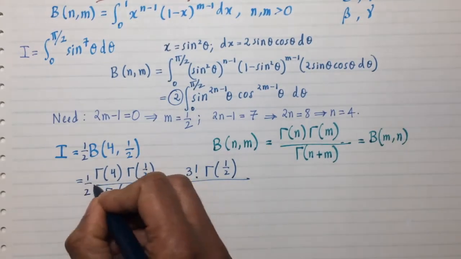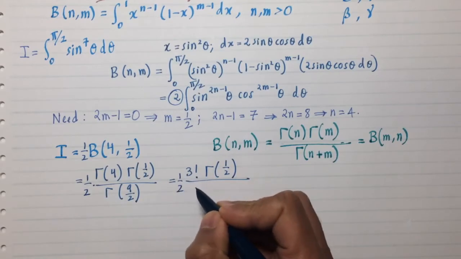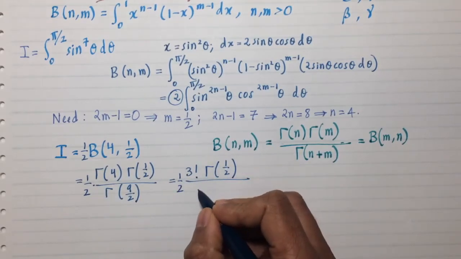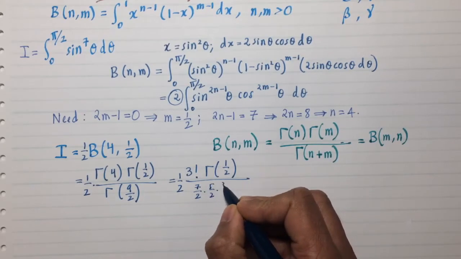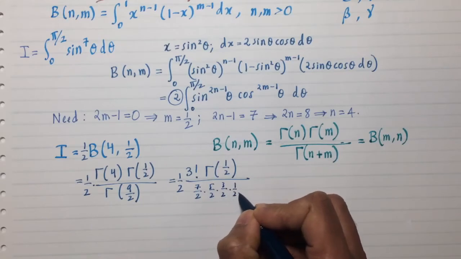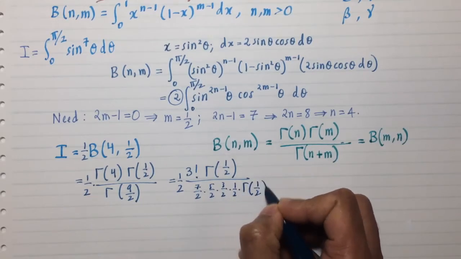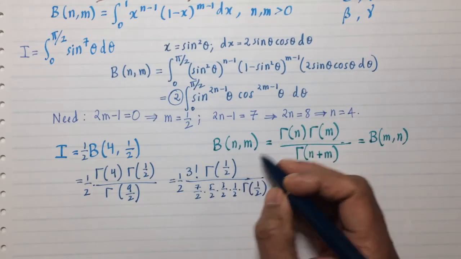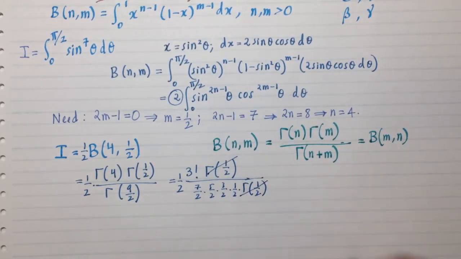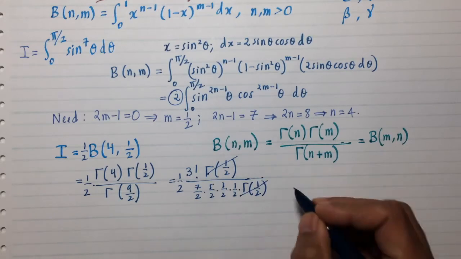So it's 1/2, and then gamma of 9 halves, which in the previous problem I calculated, so I'll just not bother with that. 5 halves, 3 halves, 1/2 times gamma of half. So even if you did not know what gamma of half is, from the previous video you know it's root pi, but even if you did not know it, it's no big deal because it cancels out.